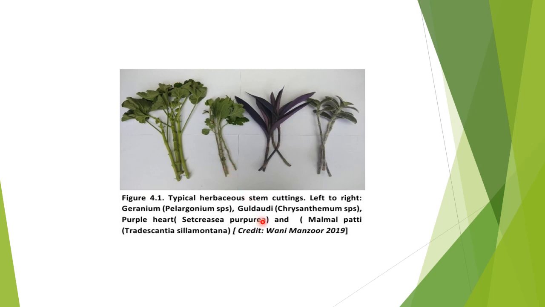This is gladioli, and this is chrysanthemum, and there is purple heart, and also the triticale, both types of the triticale here. These are some of the softwood herbaceous stem cuttings taken for propagation.